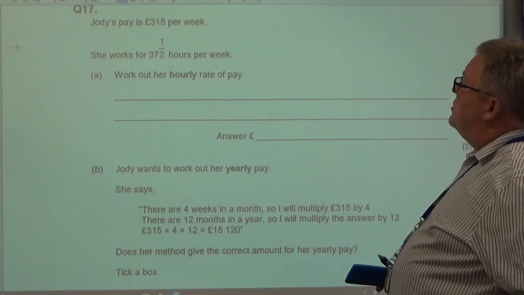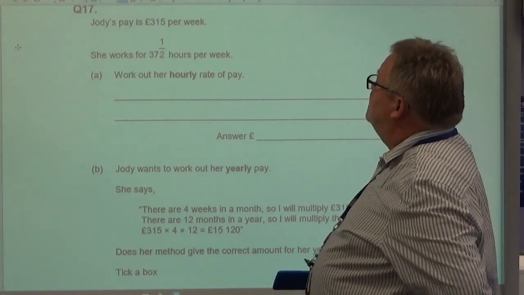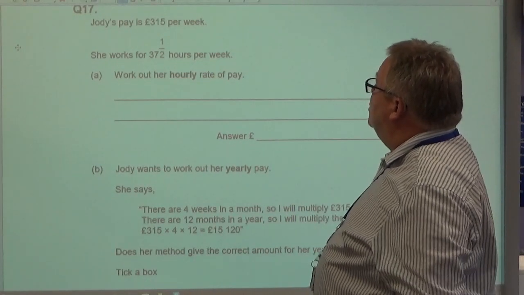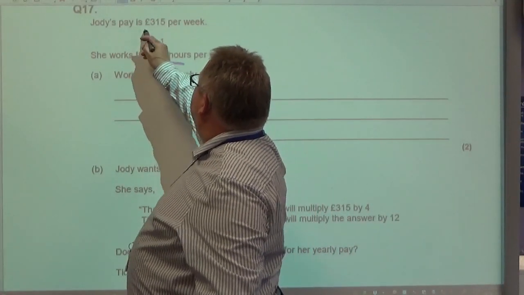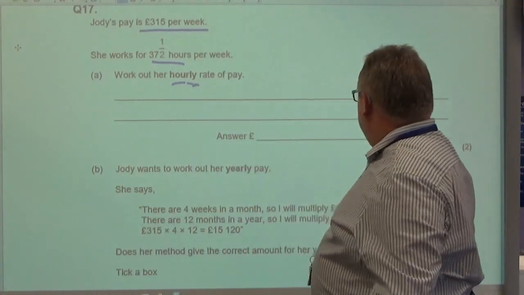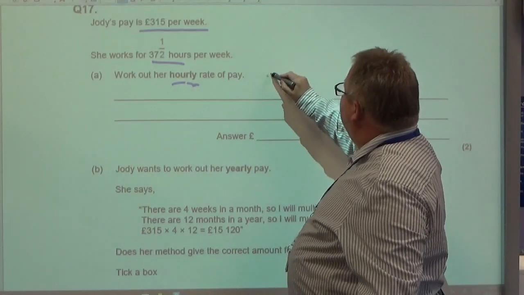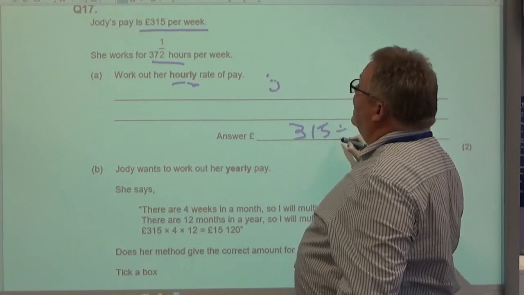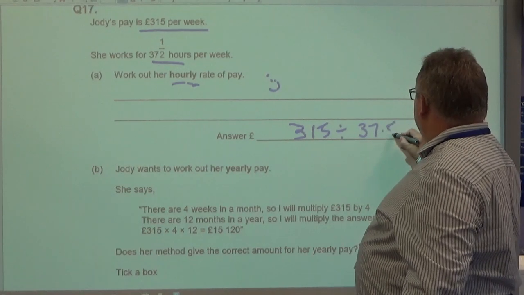So Jodie's pay is £315 per week, and she works for 37.5 hours per week. Work out her hourly rate. So key bits of information again. 2 marks. What we're going to do is 315 divided by 37.5.